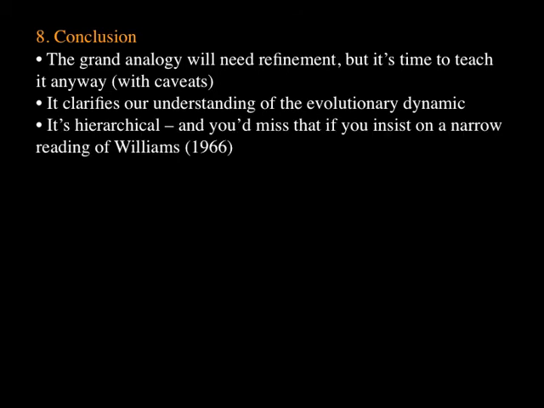It is, in its essence, hierarchical. You have to understand that it's adaptations at one level feeding into selection at another level. If you miss the fact that there are 2 levels here that feed into one another, that affect one another, then you're missing kind of my whole spiel.